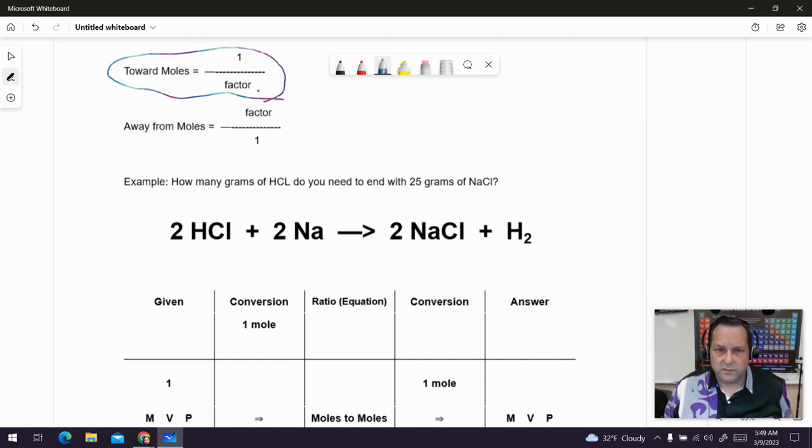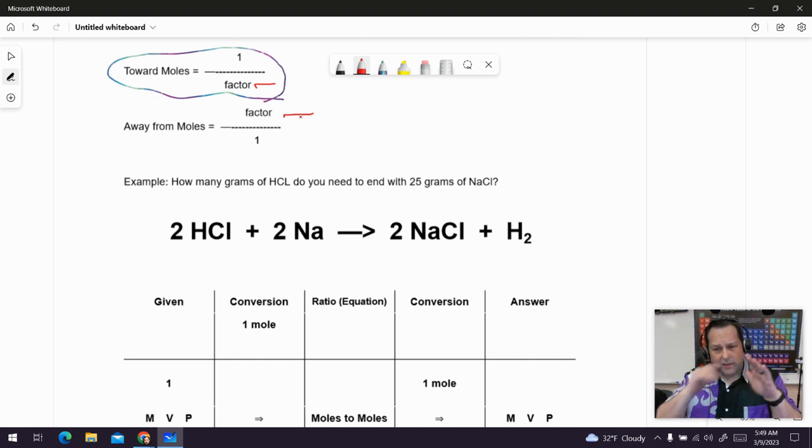As you're going towards moles, it'll be the 22.4 liters on the bottom, or it'll be grams on the bottom, or atoms on the bottom, something like that. That will always be on the bottom. The factor will always be on the bottom. After you go through the mole to mole ratio in the center and you're coming back out the other side, the factor will always be on the top. That's just a given.